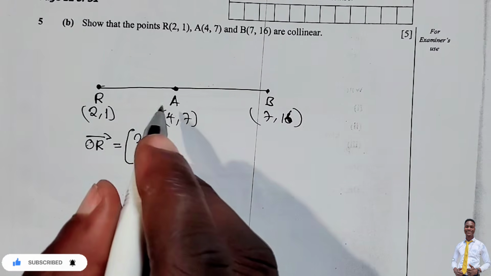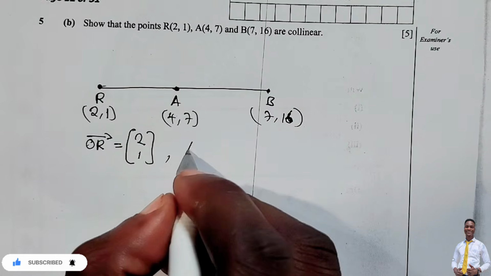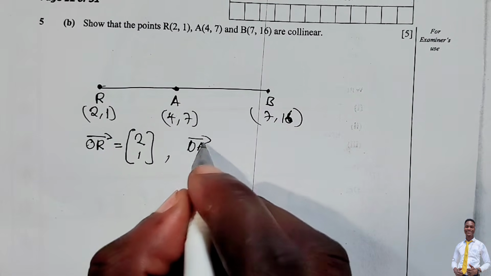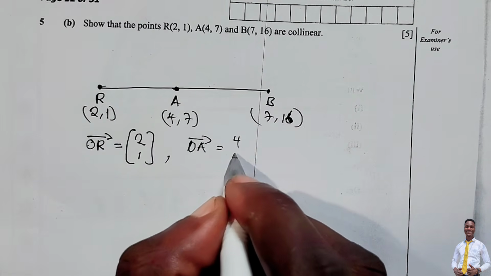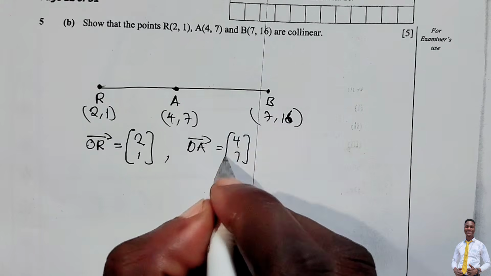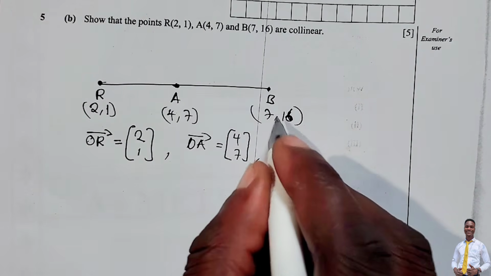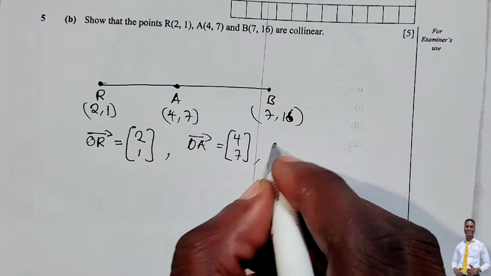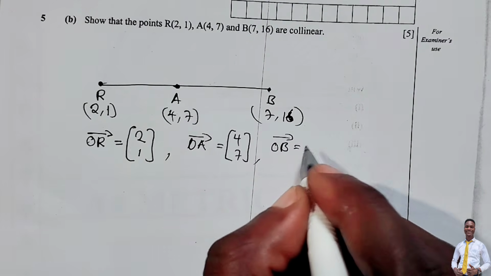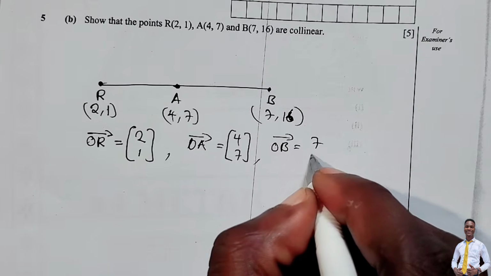This one is OA rather, OA, which is 4, 7. I want you to follow me nicely. Then B is not BO but OB. It's different. So 7, 16.